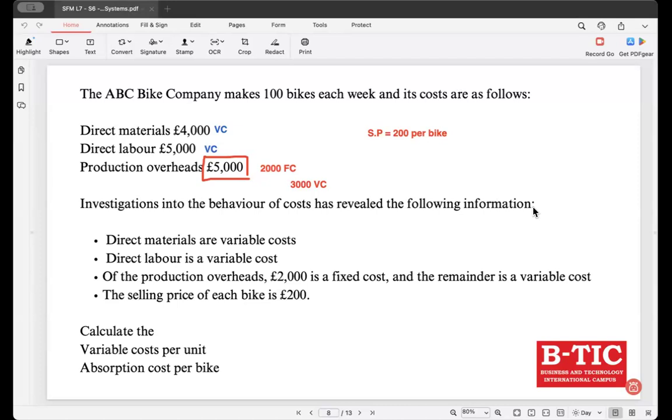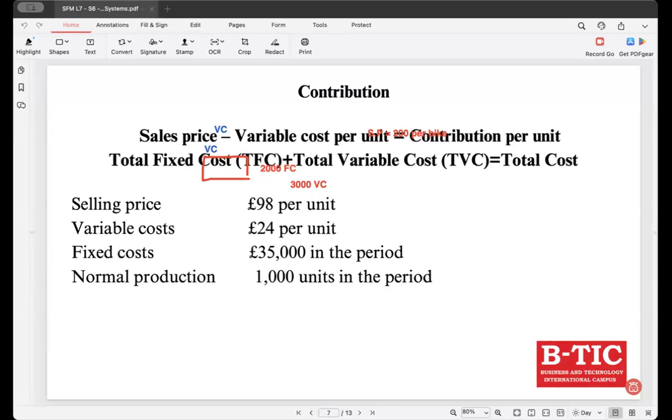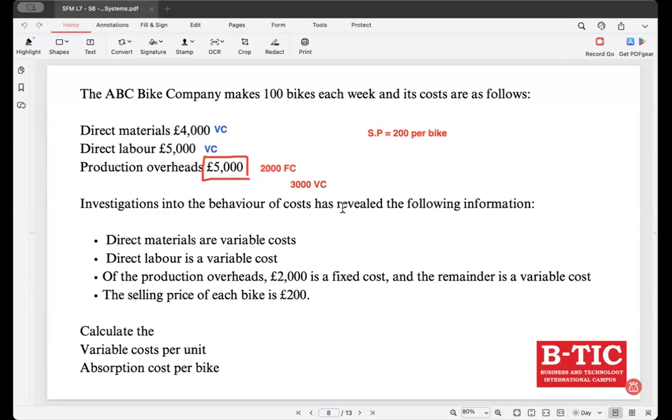What's the formula for the contribution per unit? We did it in the previous question: sales price, or selling price per unit, minus variable cost per unit. So now you have to take the sales price to the other side. That's it, and then you're able to do it.